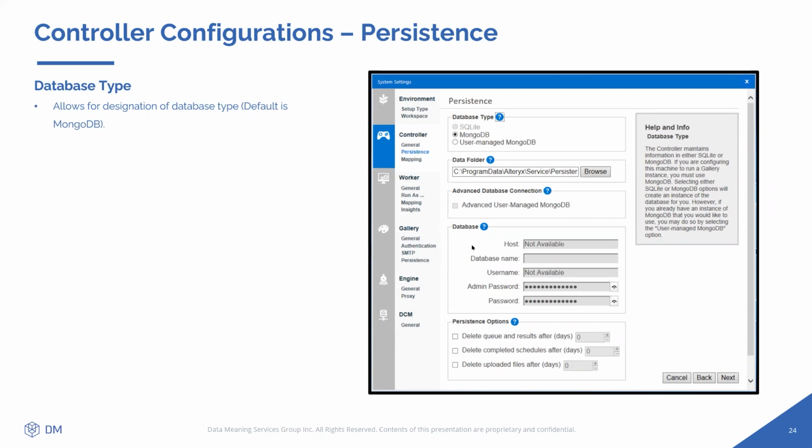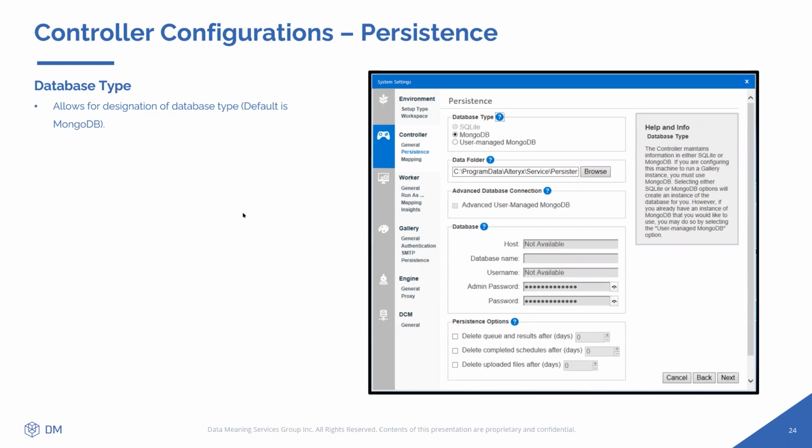So we have first the database type. There are 3 options here: SQLite, recommended for local deployment without the gallery, which is the user interface again; the embedded MongoDB for heavy usage with gallery deployment; and also a user-managed MongoDB, which is your own implementation of MongoDB with SCRAM authentication.